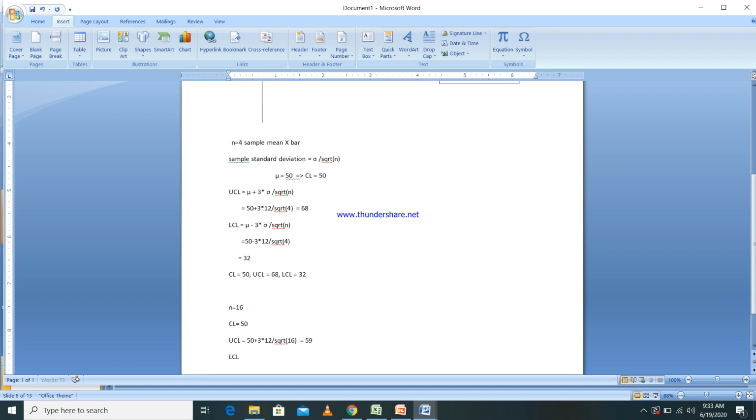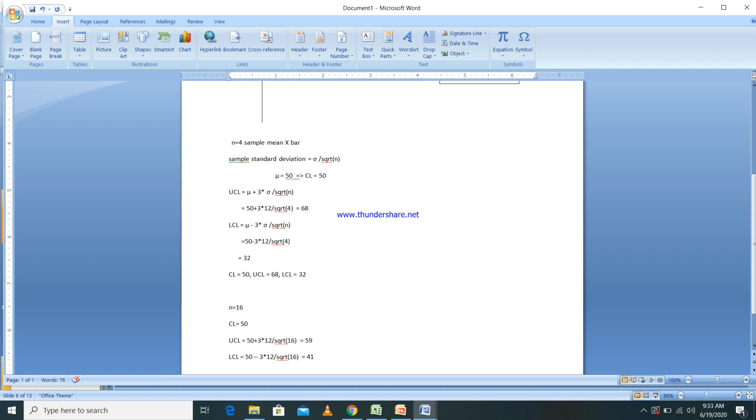And when you take the lower control limit, you have 50 minus 3 times 12 divided by the square root of 16. If you simplify this, you will get the lower control limit as 41. Right? So you can construct the control charts with these two values.